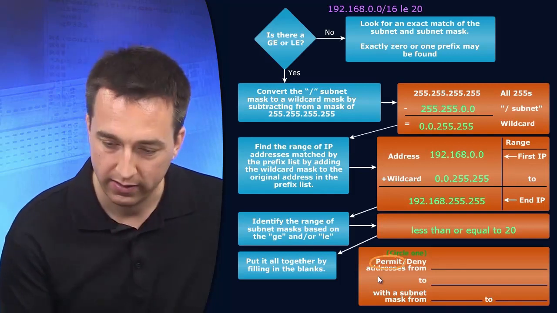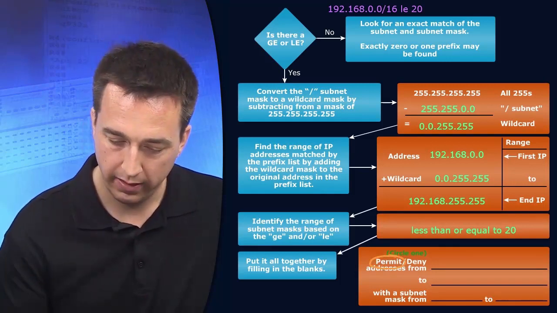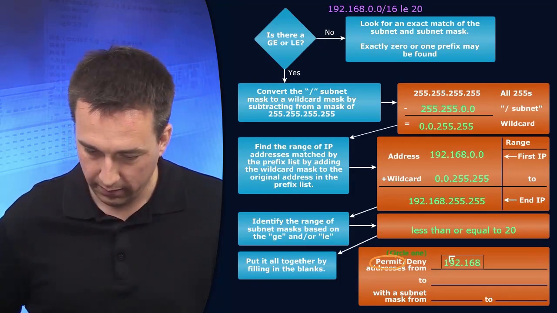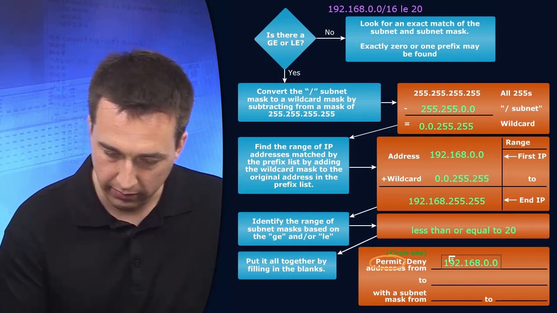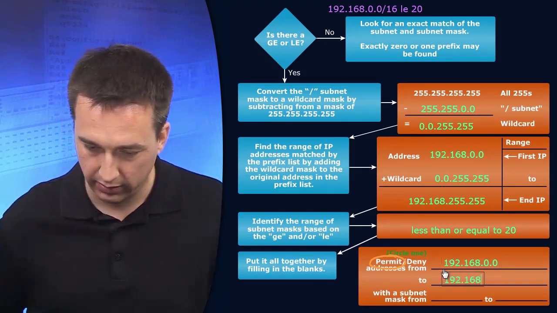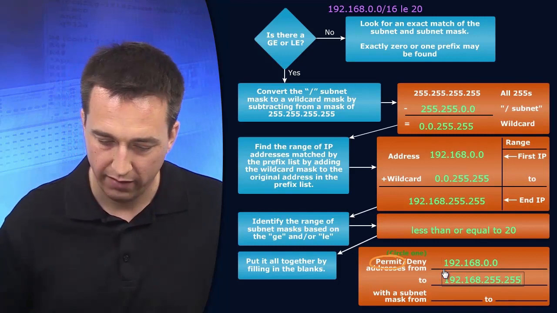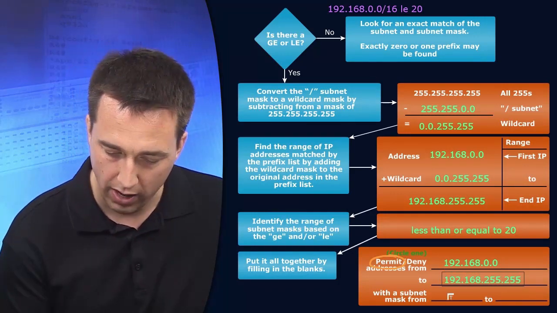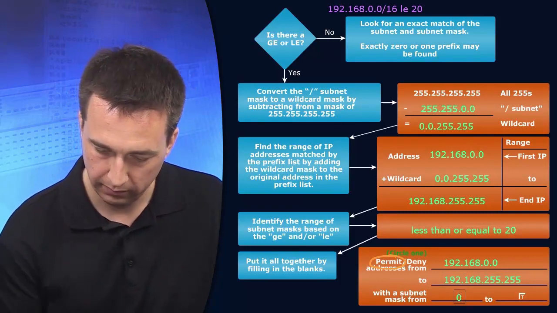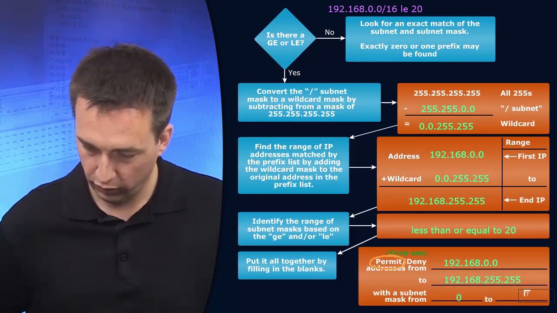Okay, we're going to permit what? 192.168.0.0 to 192.168.255.255 with a subnet mask from 0 to 20.